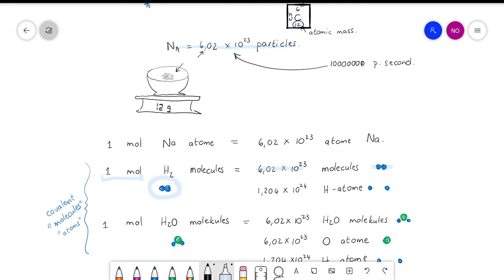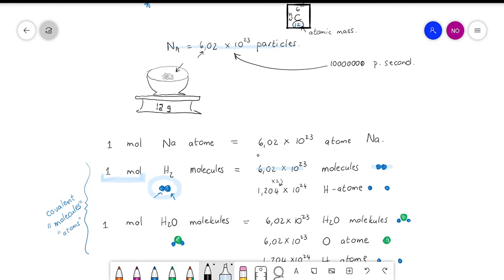But let's say I asked you, how many hydrogen atoms do we have? Then it means you have to say, okay, in each of these we have 2 hydrogen atoms, meaning that 1 mole of hydrogen gas, H2 gas, represents this times 2, which gives me 1,204 times 10 to the power of 24 atoms.